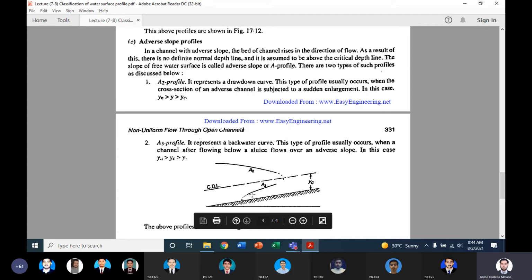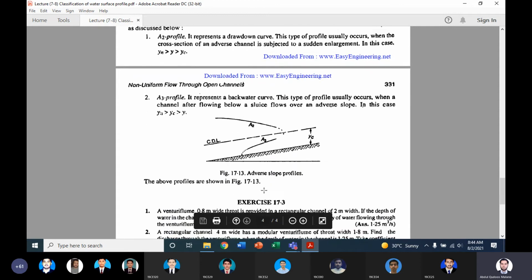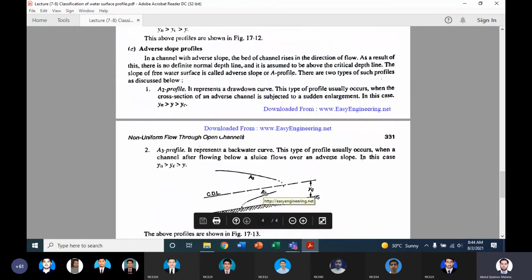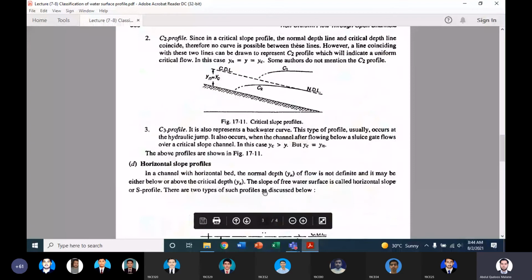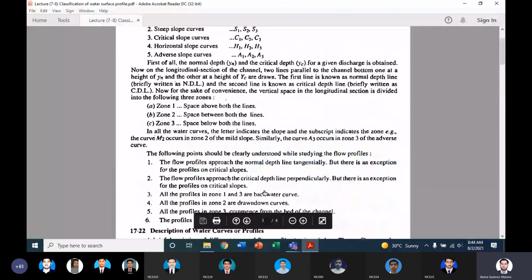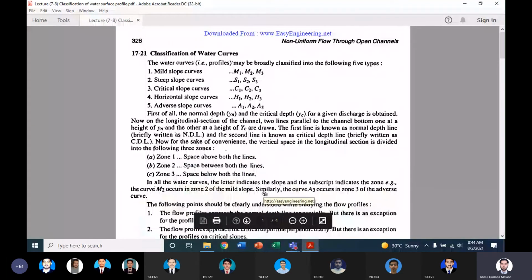In the third zone, normal depth will be greater than the critical depth, and the critical depth is going to be greater than the depth of the flow. So this is all about the 5 profiles. अगर इसमें कोई चीज़ समझ में ना आई हो, कोई क्वेश्चन हो, you can ask me about any profile. Yes, is it clear?